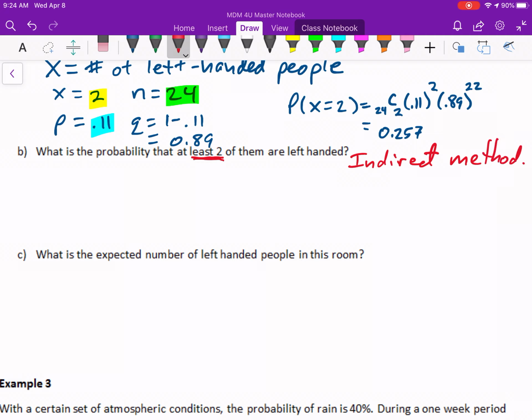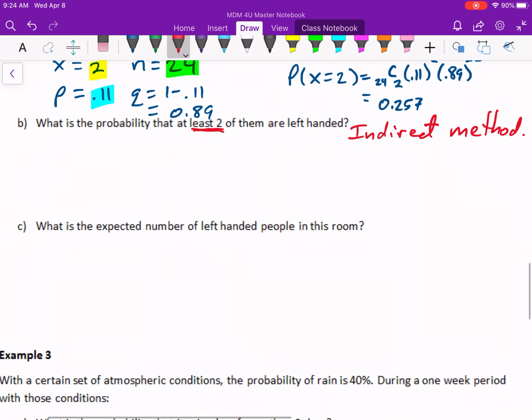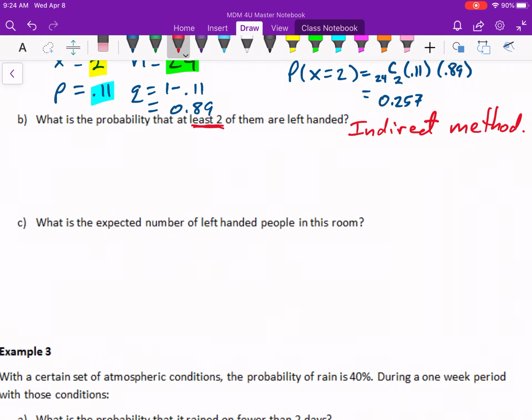If we just calculate the probability of having 0 left-handed people, or 1 left-handed person, then it would be a lot less work, and I could subtract that from 1. So, again, it's really 1 minus the probability that x equals 0, and subtract also the probability that x equals 1.